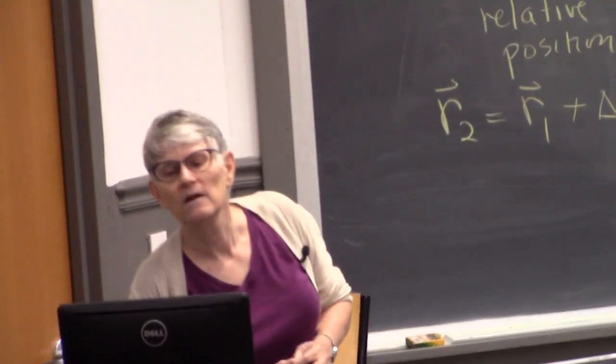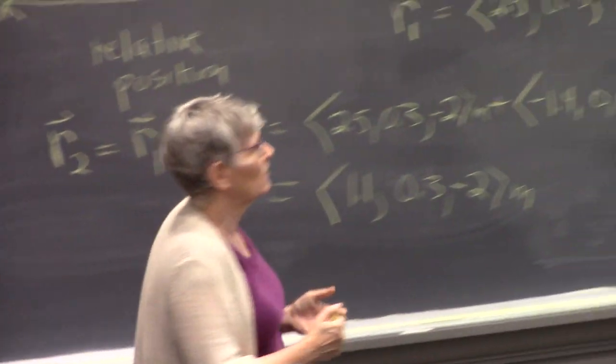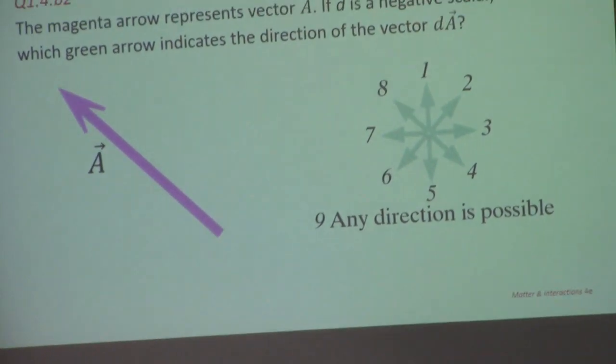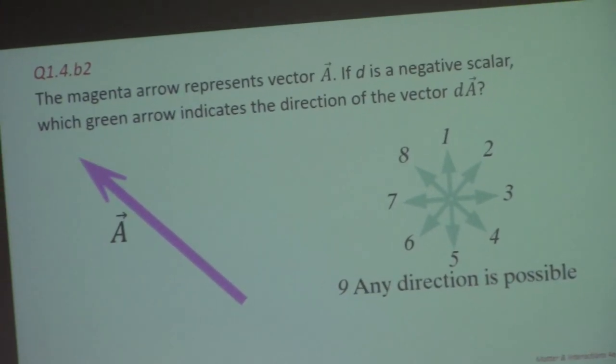Let's see what the next question is. If D is a negative scalar, which green arrow represents the direction of the vector dA?